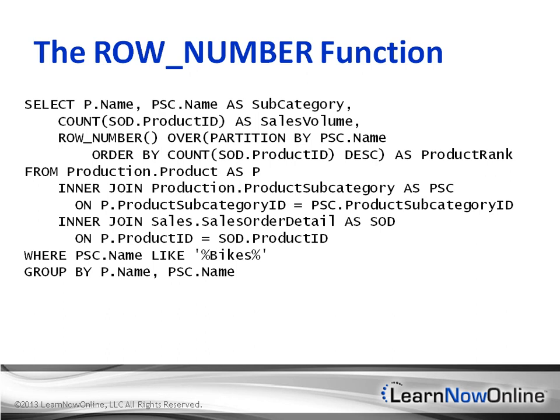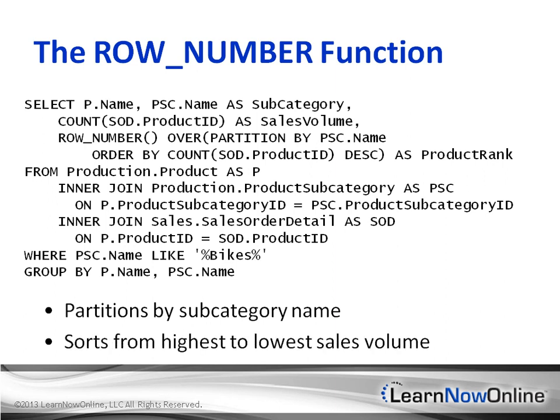Here's an example where we're going to use the row number function to figure out our best sellers. We're going to partition that data by subcategory name. You can see there we have an over partition by PSC.name, and PSC is referencing our product subcategory. So we're going to put these into buckets based on their subcategory. Then we're going to sort and produce the rank number based on the highest to lowest sales volume.